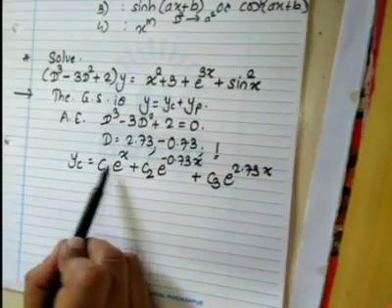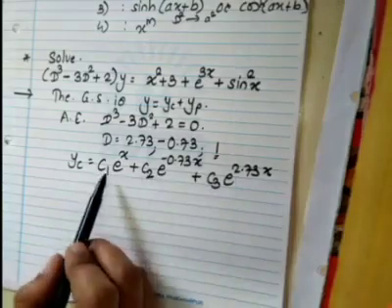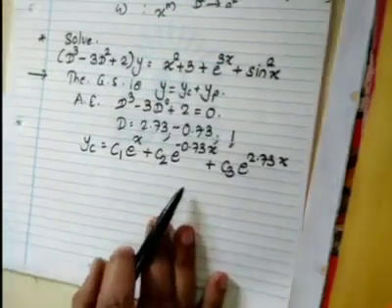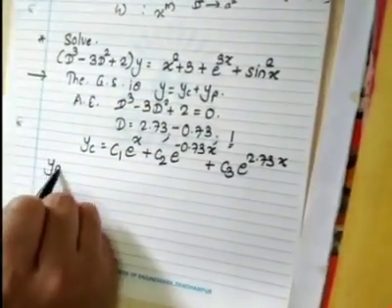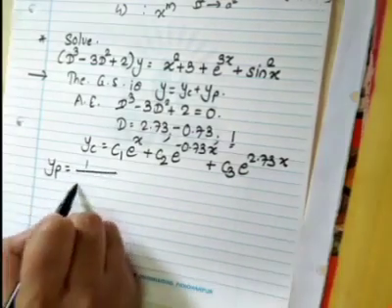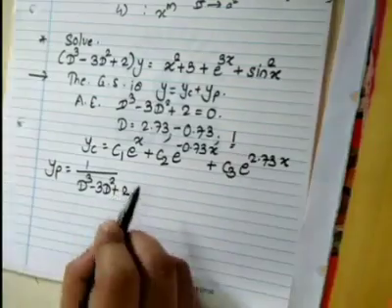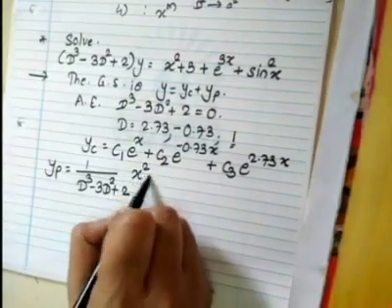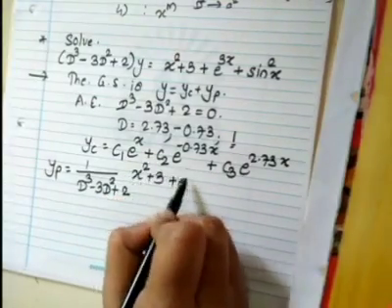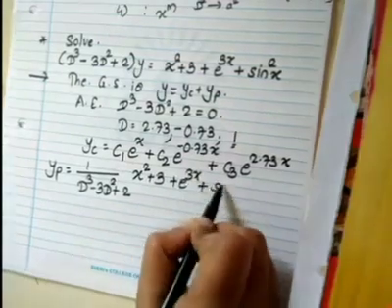It's your choice where you want to write what, it is immaterial. Then yp is equal to 1 upon D cube minus 3D square plus 2 of x square plus 3 plus e raised to 3x plus sine square x.